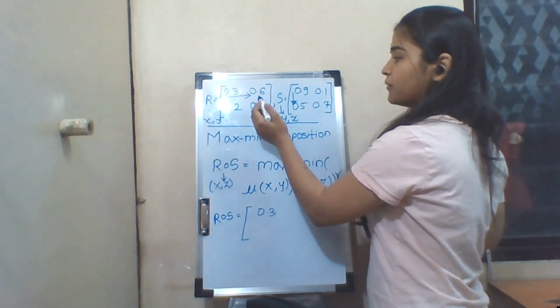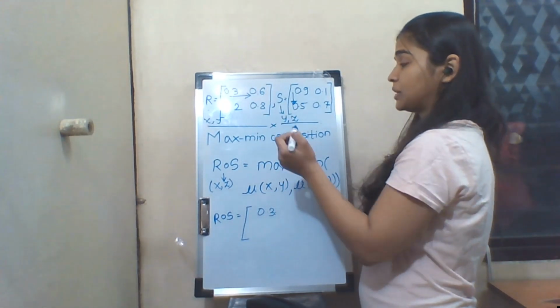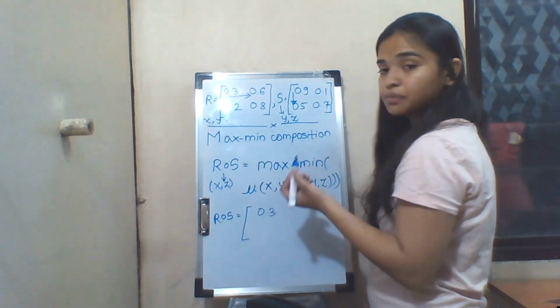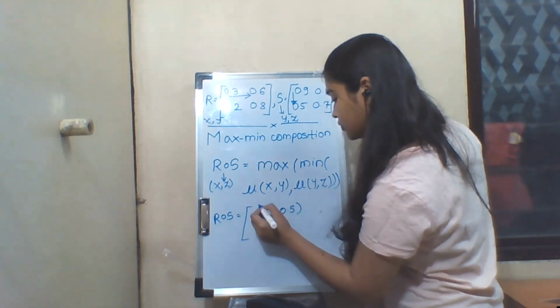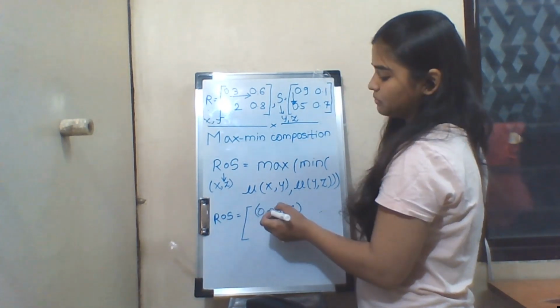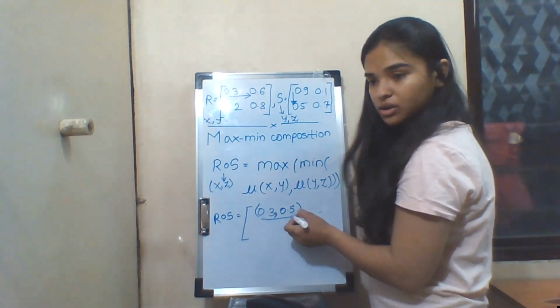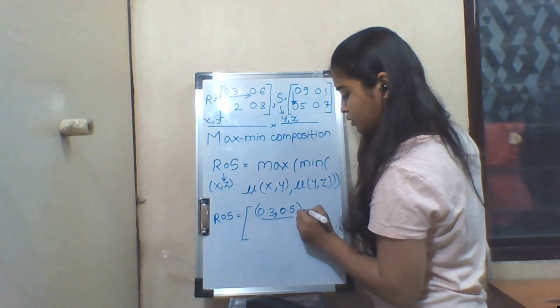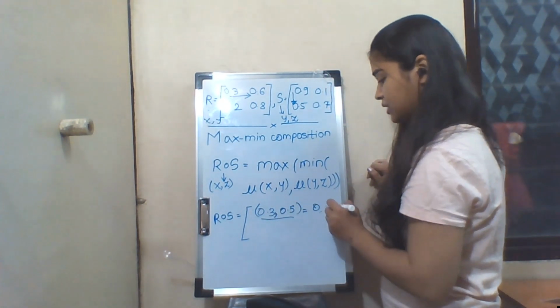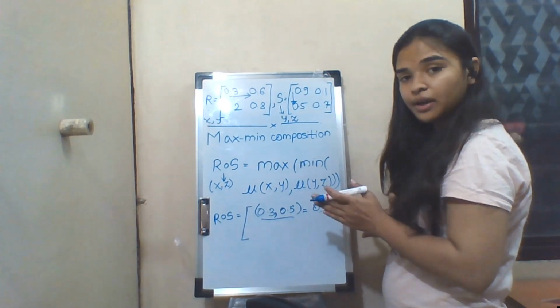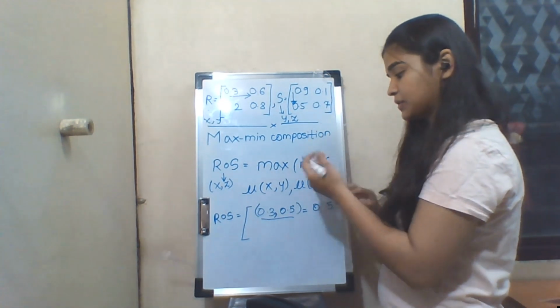So now we compare 0.6 and 0.5, which is minimum, obviously 0.5. So now that we have a tuple here, we perform the max operation on this tuple, which is basically 0.5. This is the first element in the R o S composition.